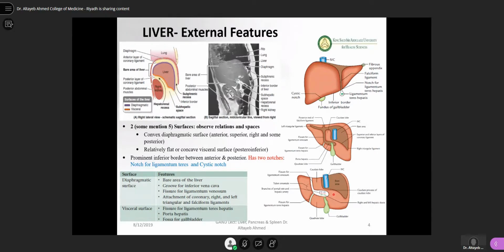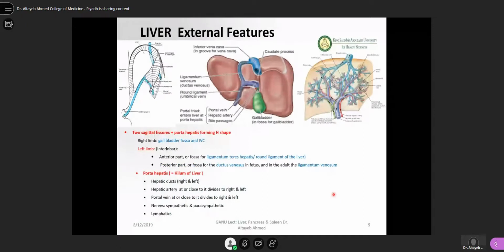Okay. The liver has 2 notches. It has a notch here for the gallbladder and another notch here for the inferior vena cava. So, if you look at it, you will find that posteriorly here it has an H-shaped appearance.